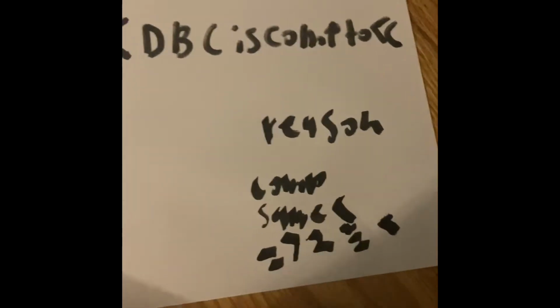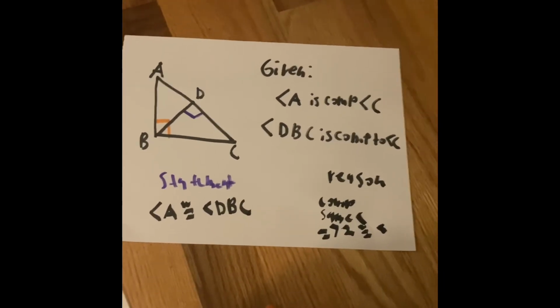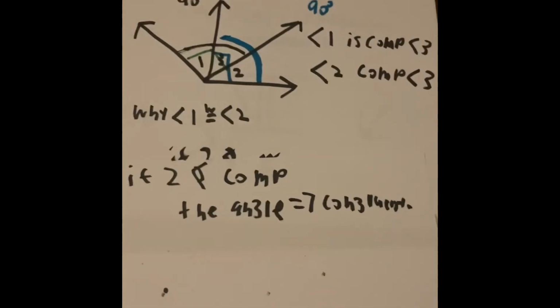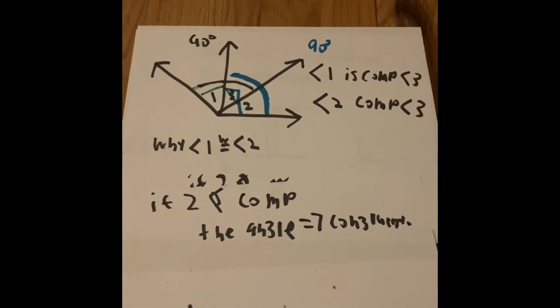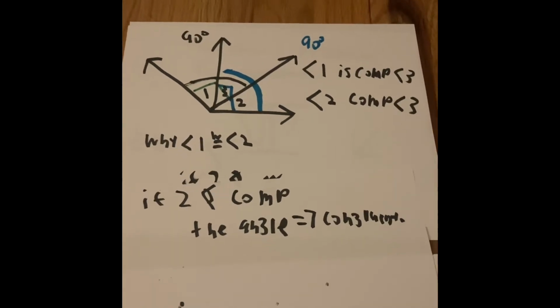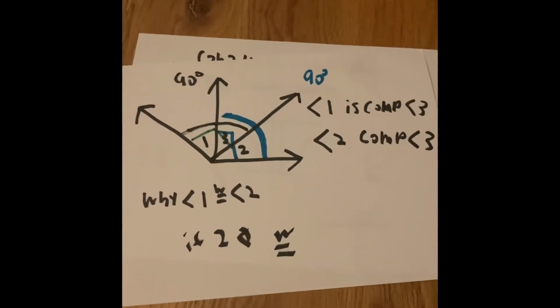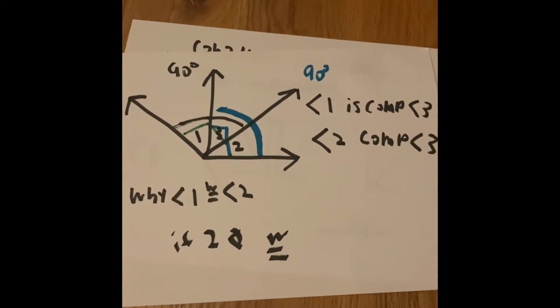So we understand the theorem that we used: if two complementary angles are on the same angle, they will bring you to two congruent angles. Now we have learned about complementary angles and how they can be congruent.